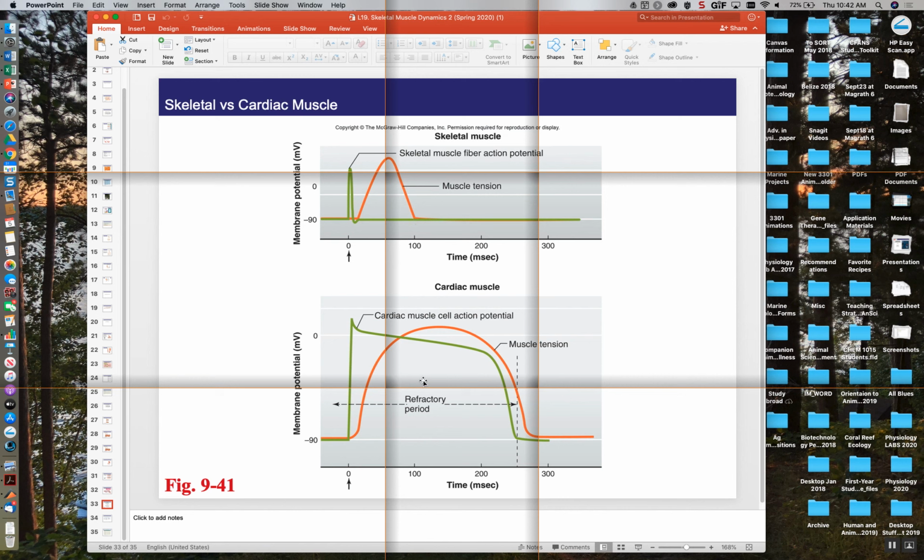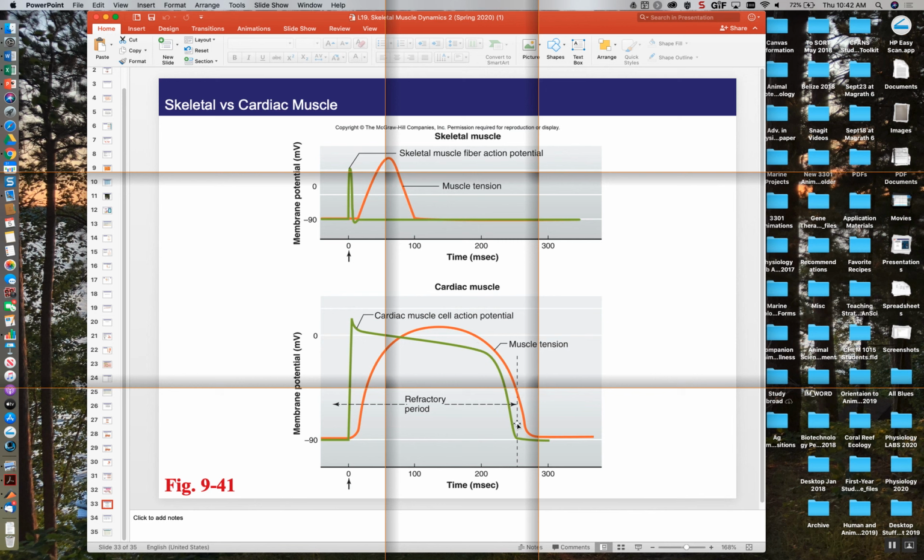Now, take a look at cardiac muscle. This is the action potential in cardiac muscle within the ventricles, ventricular myocytes. You can see the action potential. There's a rapid depolarization and then a very long plateau phase that lasts as long as the contraction itself.